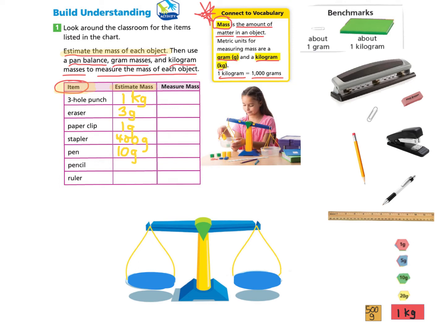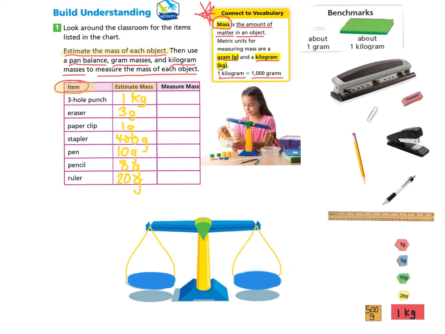And I look at the pencil and I think pencils are a little bit lighter than pens, so maybe I would say like 8 grams. And the last one is the ruler. The ruler seems like it might be a little bit heavier than the pen, so maybe I'll say it's 20 grams. Okay, great. Now I have estimated each object.